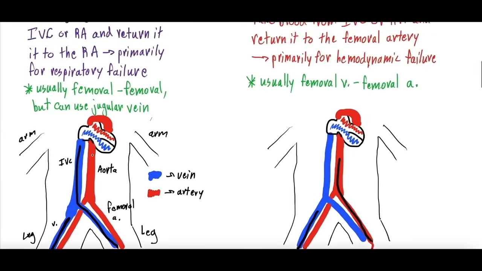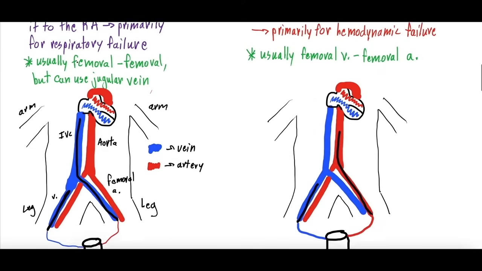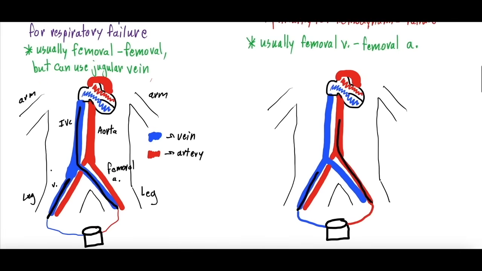So in venous-venous ECMO, you're taking blood from a vein and putting it back into another vein, hence venous-venous. Often you're pulling blood out of one femoral vein. This is the cannula, a huge, large needle that's suctioning blood out of this vein. The blood comes out of this femoral vein and into the ECMO circuit.